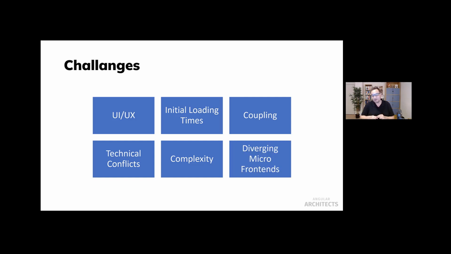And we might have diverging micro frontends, where different teams develop the micro frontends in directions so that they don't fit together anymore, on a technical level or on a UI UX level and so on. So those are the challenges.